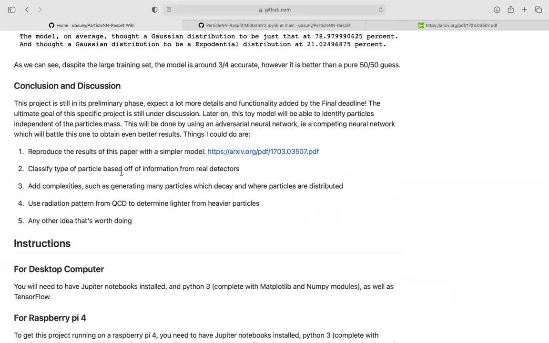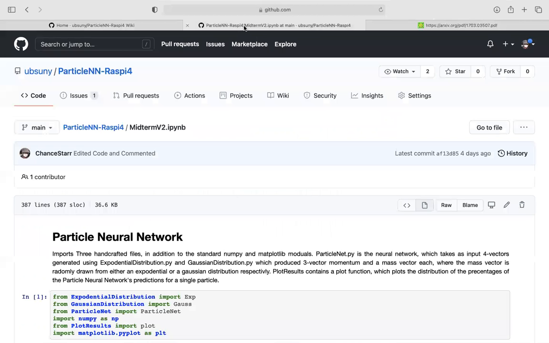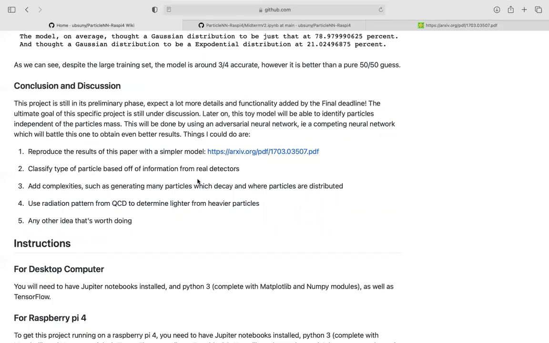We could also classify the type of particle based off of information from real detectors. We can add complexity, such as generating many particles which decay and where particles are distributed. We can use radiation patterns from QCD to determine lighter from heavier particles. And we can do absolutely anything else. That seems like a great idea.